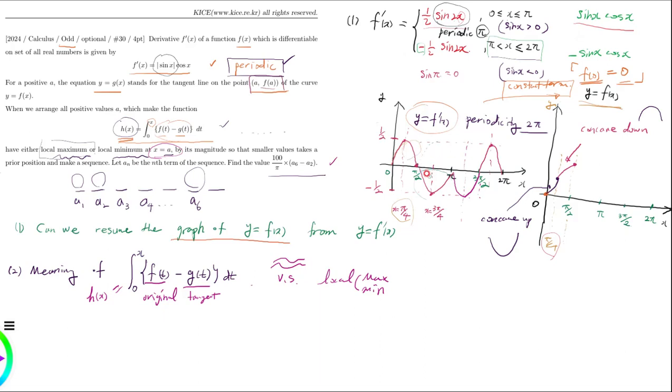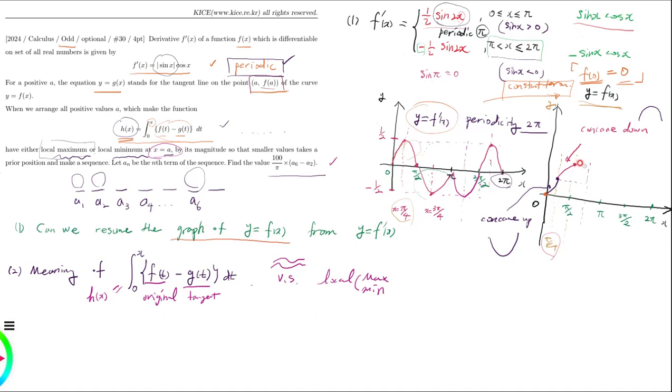And if you see the periodicity, it repeats the same patterns as the x value increases in the f prime of x, and we can easily guess the next shape of the function.